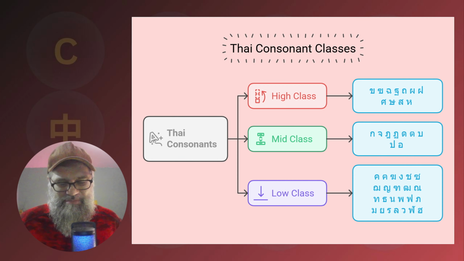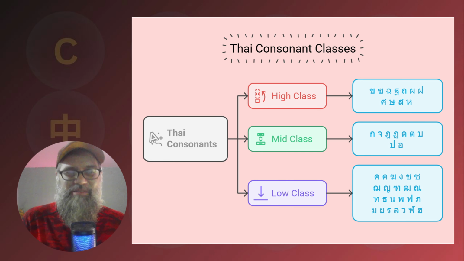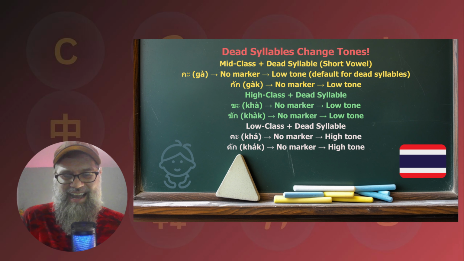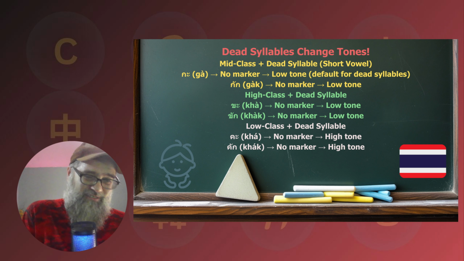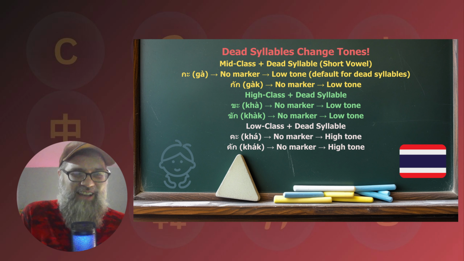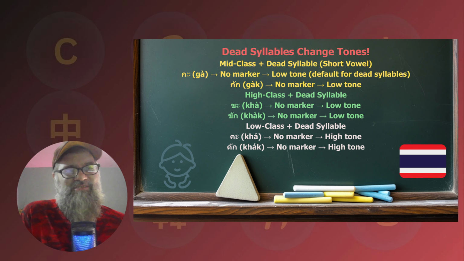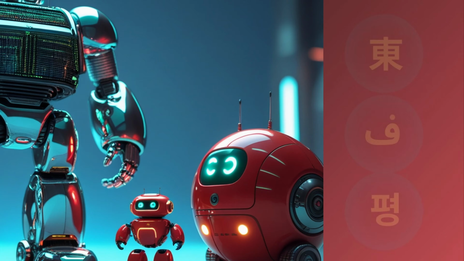When we look at the mid class or the low class, they would be the normal tone. Ka. And the thing you need to know about the normal tone is your Thai teacher will not tell you this probably, but that it's going to drop off at the end, even if it's alive, like ka, and you hear a drop off.